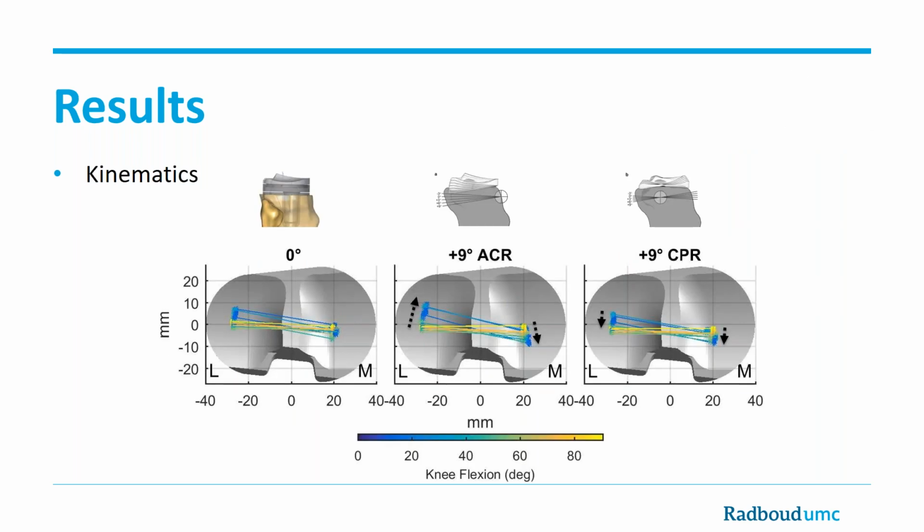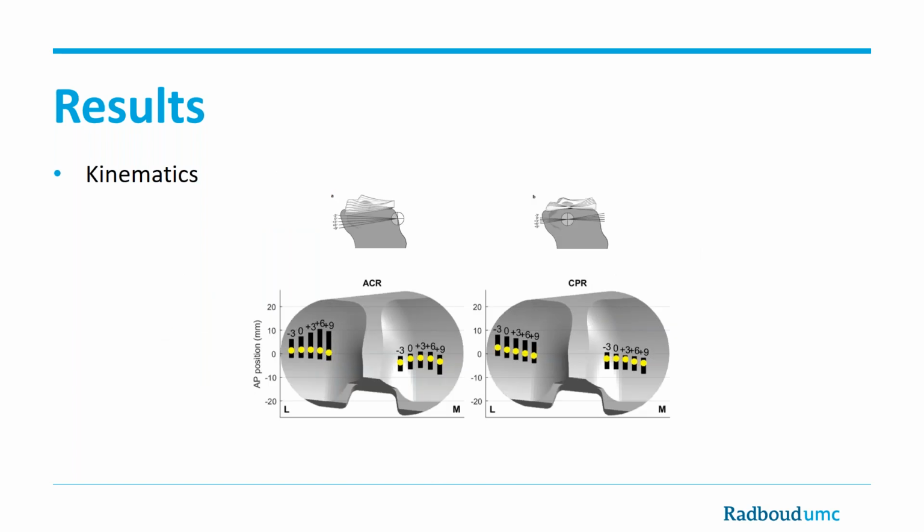We could also plot the kinematics of the tibiofemoral contact point in different configurations. So if we condense the results in a single figure, we could actually compare the different tibial slopes obtained with the different surgical techniques.